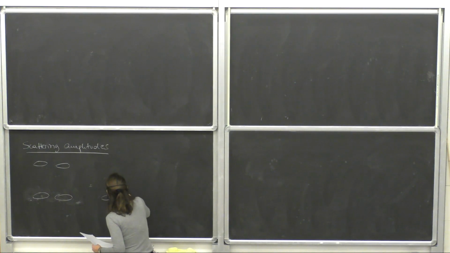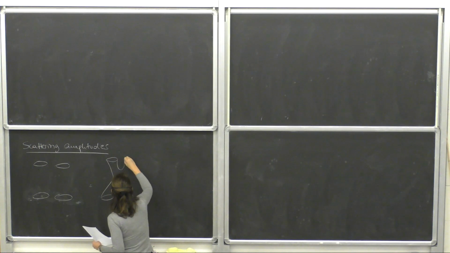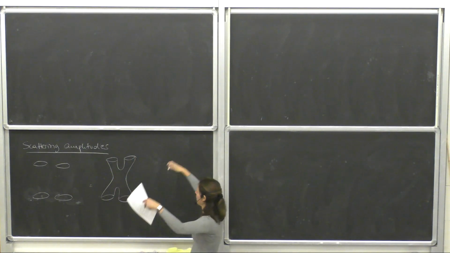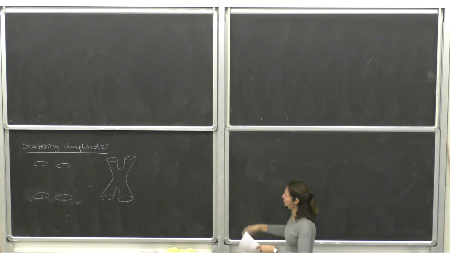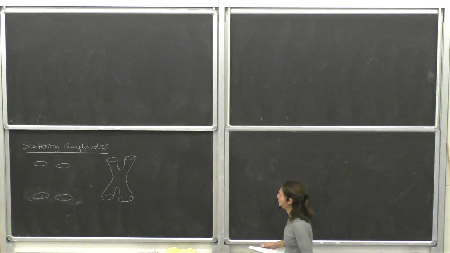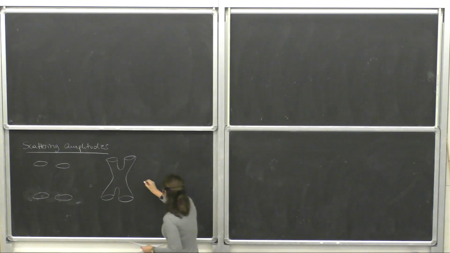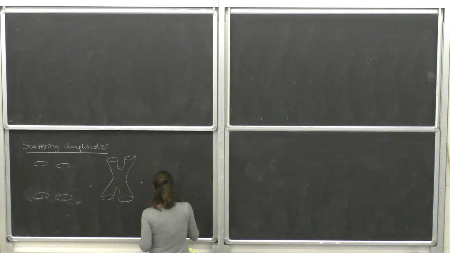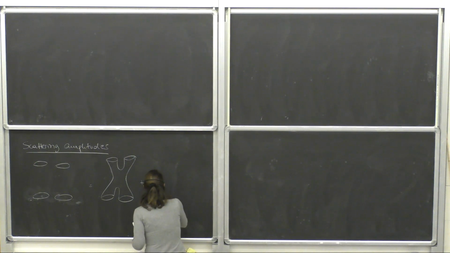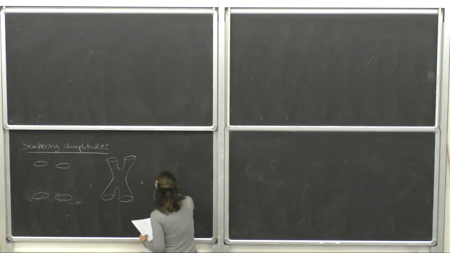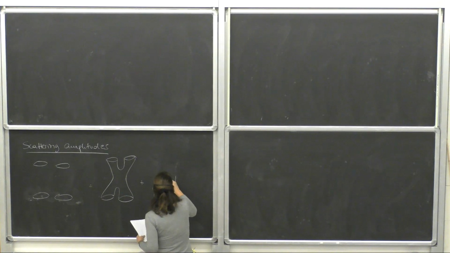These 2 can combine into a single closed string, and then the single string decomposes into 2. Or these 2 can combine in one string, and this string now decomposes into 2.